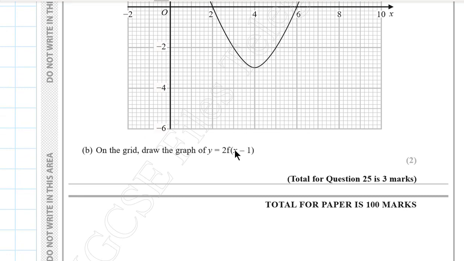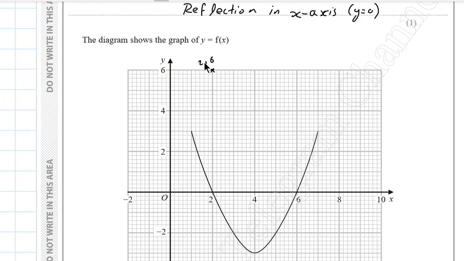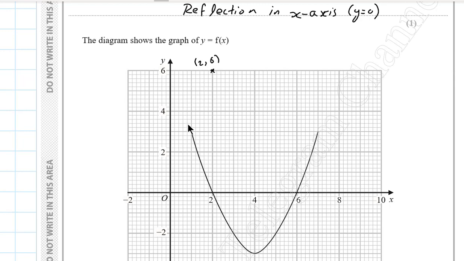We will move the graph 1 unit to the right, and for the x coordinates, each x coordinate of these points should be increased by 1, and each y coordinate should be doubled, multiplied by 2. So we can start with this point. This point is 1 and 3, so it should be 2 and 6. This point 2 and 6.